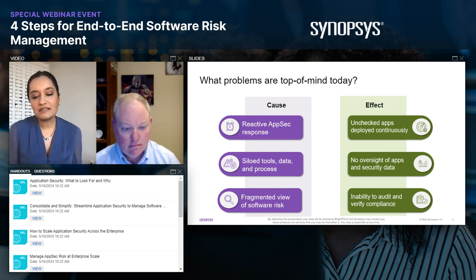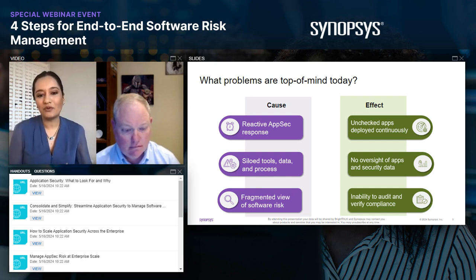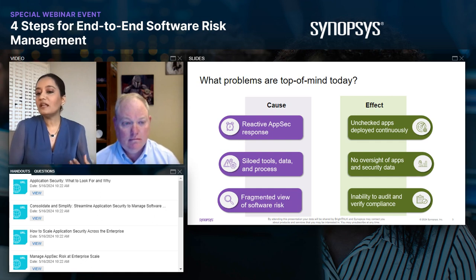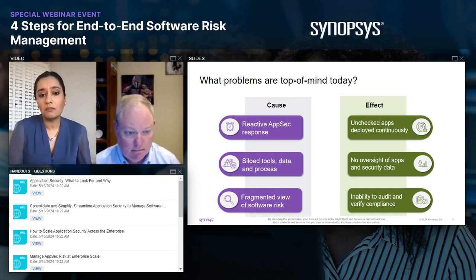For a lot of organizations today, it's very difficult for them to get an overall picture of what does my organization's footprint look like when it comes to the ability for me to audit and verify the compliance of various applications under my purview across different departments, across a team. Then there's really no oversight of applications, of security data.